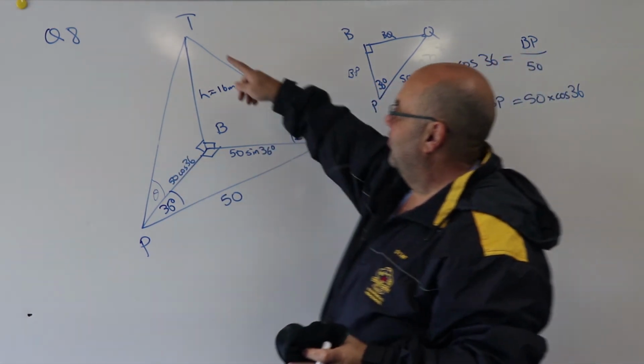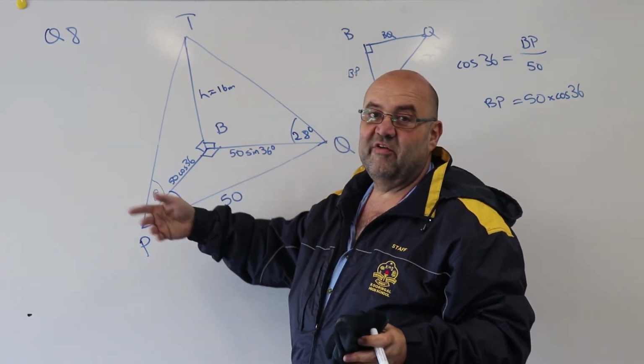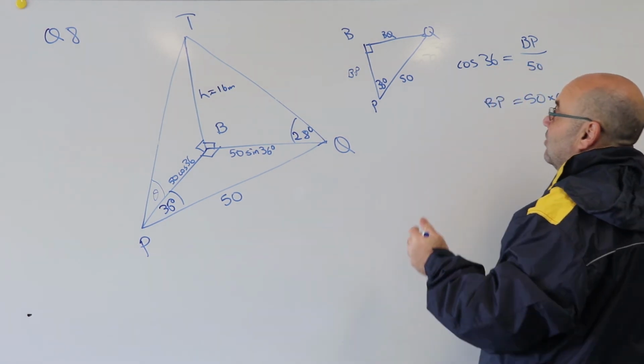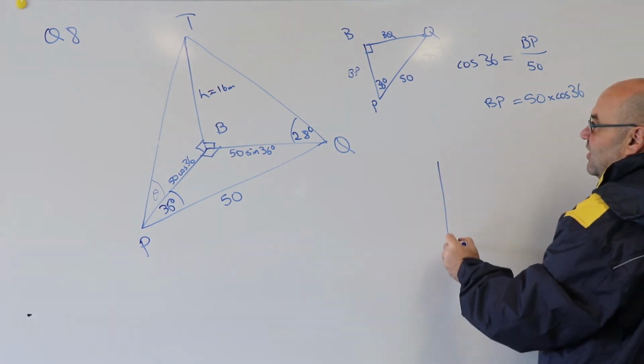Okay, well I know the height of my tree, I know BP, I need to find that angle. It's a very simple tan problem. Let me take this triangle out and lay it down so we can see it really clearly.